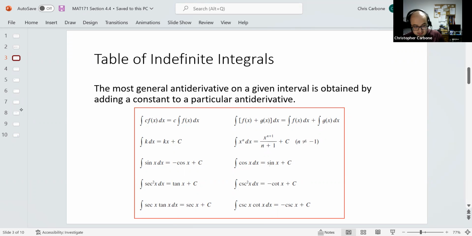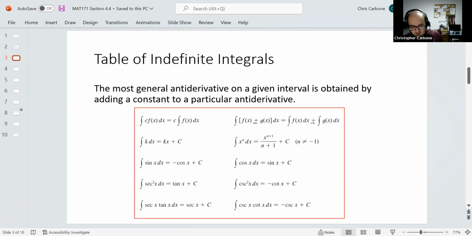The integral of the secant squared of x dx is equal to the tangent of x plus c. The integral of the secant of x times the tangent of x dx is equal to the secant of x plus c.